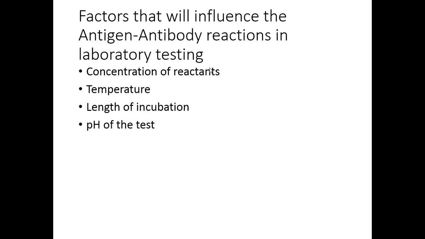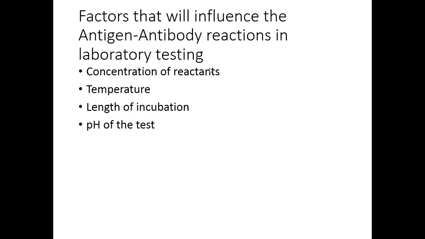Is there more antigen than antibody? What's the concentration ratio of antibody to antigen, or vice versa? Temperature, how long we incubate something, pH of a test. Those are important things, and we'll talk about those later. But for right now, we're going to focus on the relative concentration of antibody and antigen in the test.